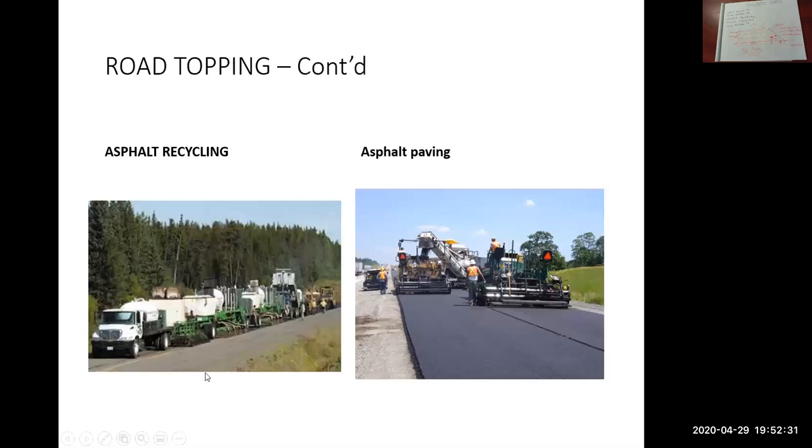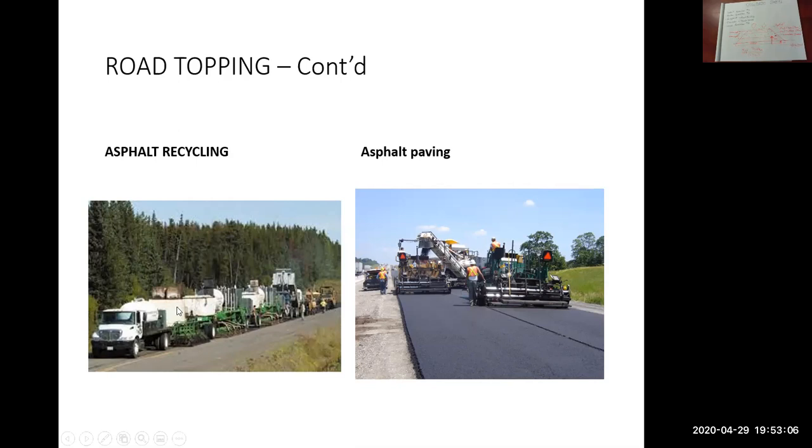The photo on the left is a highway, not in a city. Obviously there are trees and bush surrounding it. What this whole setup is doing is grinding up the existing asphalt, heating it up to a certain temperature, and applying additives to that hot ground up asphalt, and then out the back it's paved.